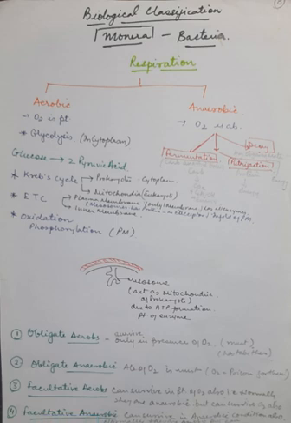Now the electron transport chain, in eukaryotes, takes place on the inner membrane of mitochondria, whereas in prokaryotes it takes place through the plasma membrane. This plasma membrane is the only membrane present, and there are no membrane bound organelles in prokaryotes.